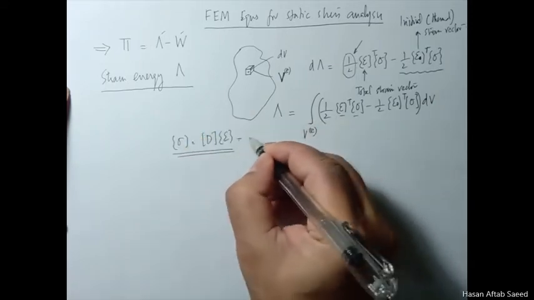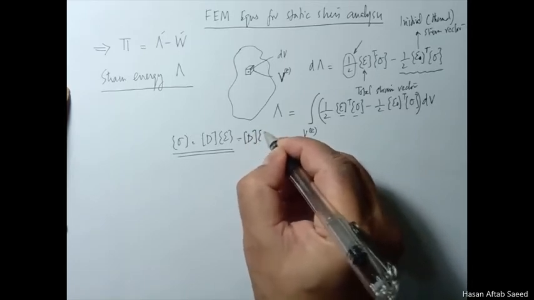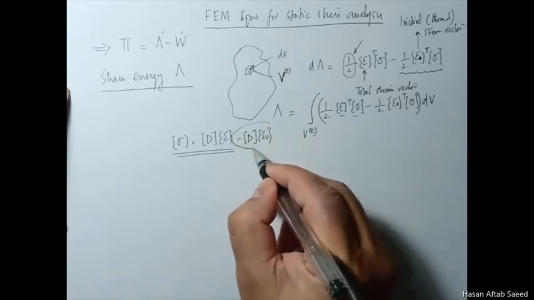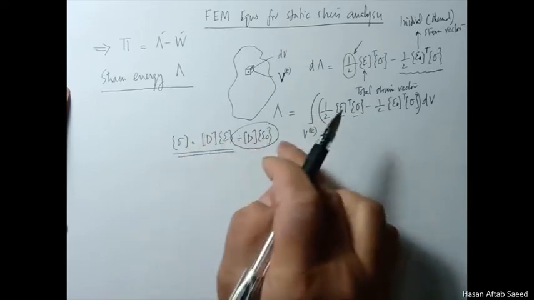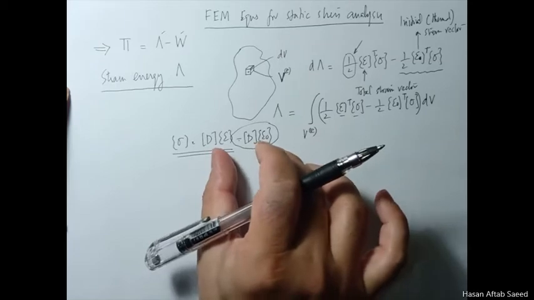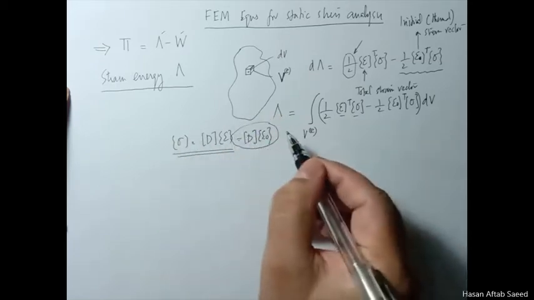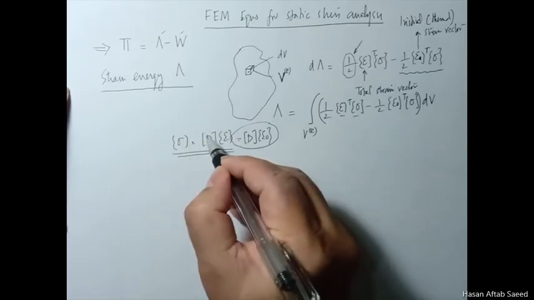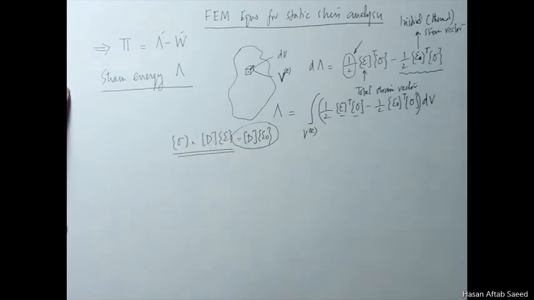So again, if there are any components of thermal strain, we have to subtract them from the total strain to get mechanical strain, and that mechanical strain is obviously linked with the mechanical stress via matrix D. Now this D obviously will take different forms, as we'll see as we proceed.